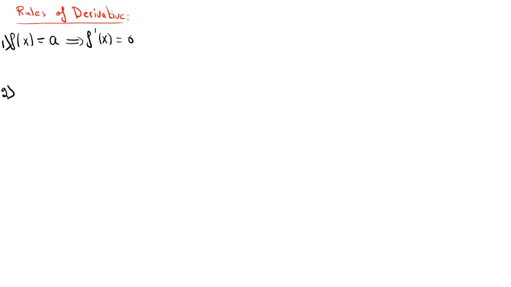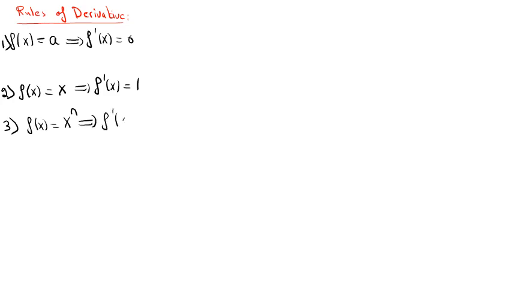If we have f of x equal x, it implies f prime of x is equal to 1. In general, if f of x equals x power n, it implies f prime of x is n x power n minus 1.